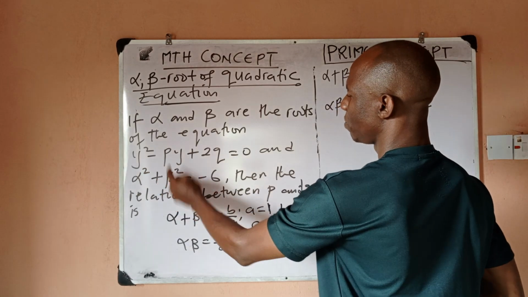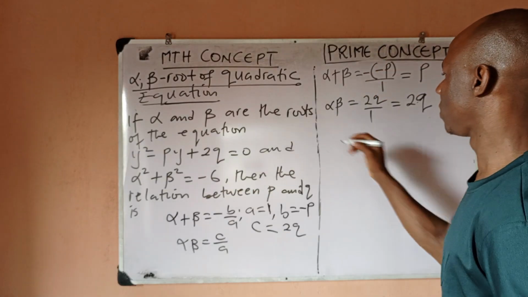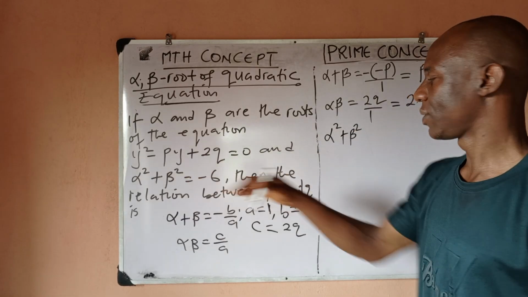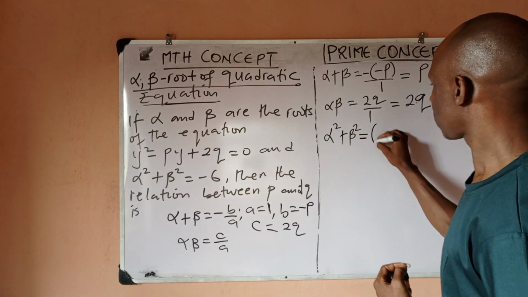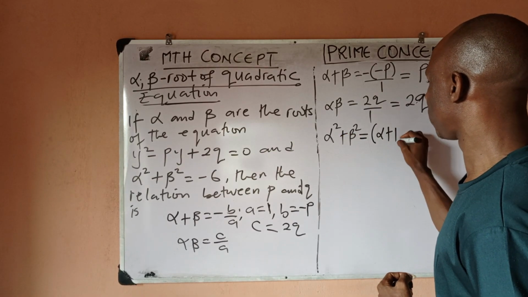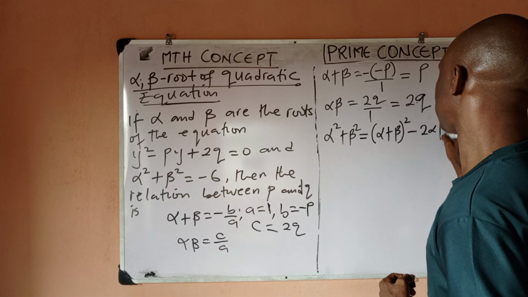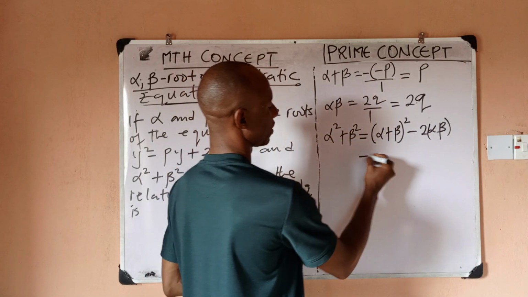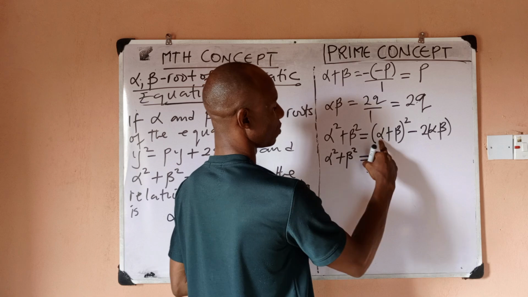Now this is not all, because we want to find a formula that connects p and q. So I'll quickly recall the addition that they gave me: alpha squared plus beta squared. What is the formula we know for alpha squared plus beta squared? The formula we know is that this is equal to alpha plus beta all squared minus 2 alpha beta. We know this already, so it means that my alpha squared plus beta squared is going to be this.